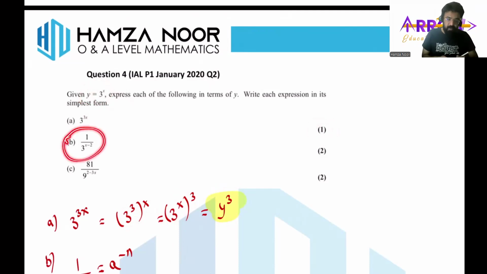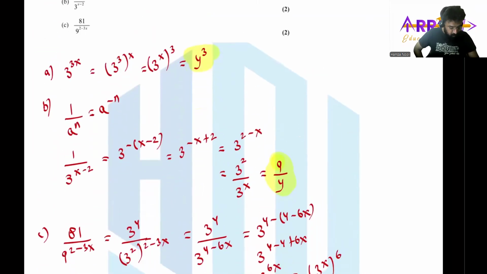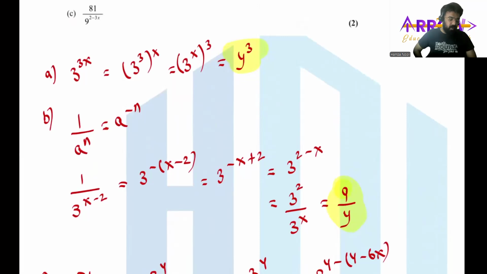Part B is 1 divided by 3 raised to the power of x minus 2. Now, according to the laws of indices, 1 upon a raised to the power of n is exactly the same thing as saying a raised to the power of minus n. The power will be multiplied by a minus sign, because in place of 1 we can also write a raised to the power of 0.